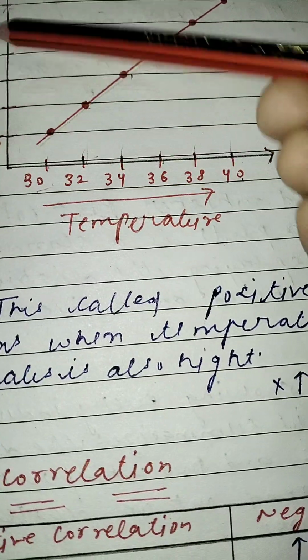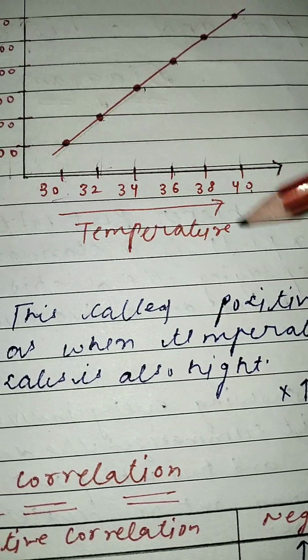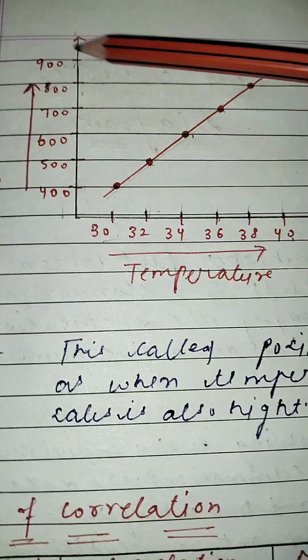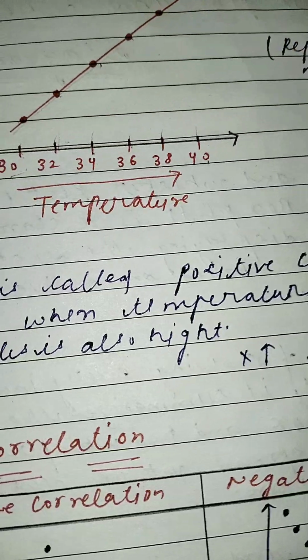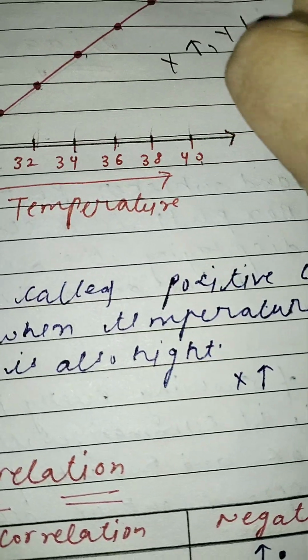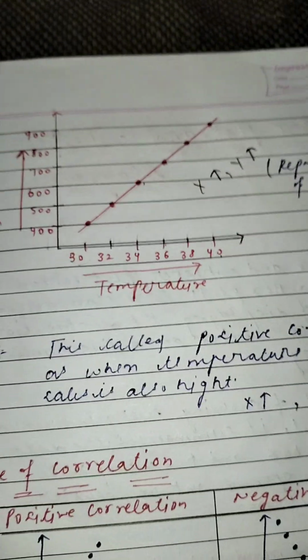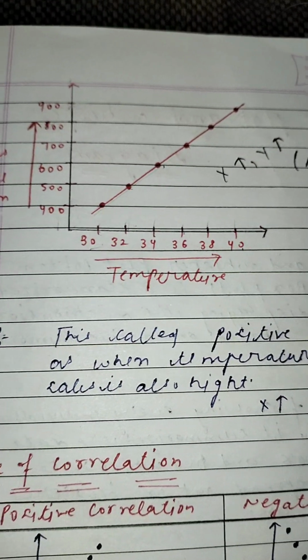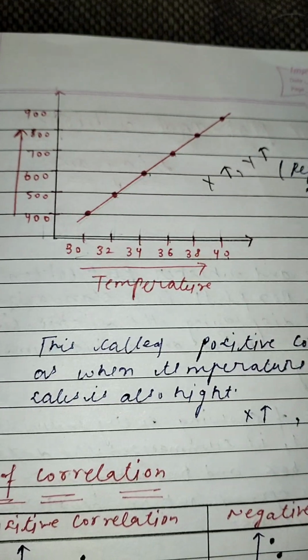If both are in the positive direction, meaning with the increase of one, there is an increase of the second, this is called positive correlation, because both are in the same direction. Same direction means x increases and y also increases. So this is called positive correlation. Is it clear? One example is very sufficient. If there is a question to describe scatter diagram, you can give a 2-line definition and this one example.